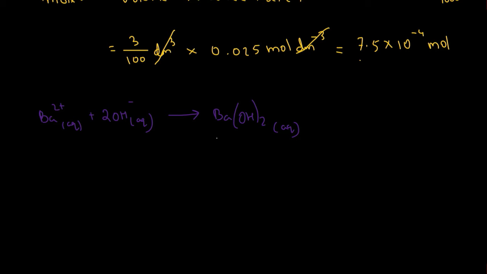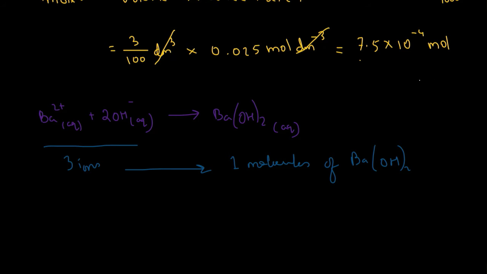So basically, for one barium hydroxide molecule, we have two ions. No, we need three ions: one of barium and two of hydroxide. So three ions combine to make one molecule of barium hydroxide.